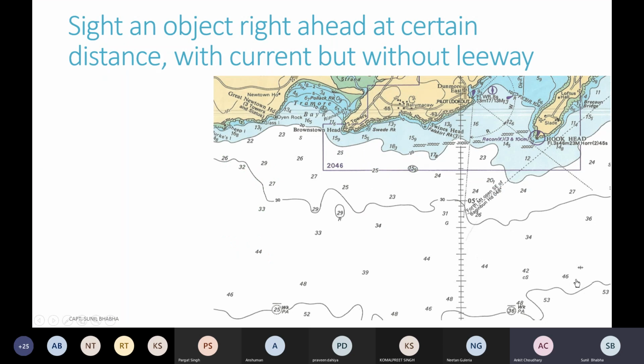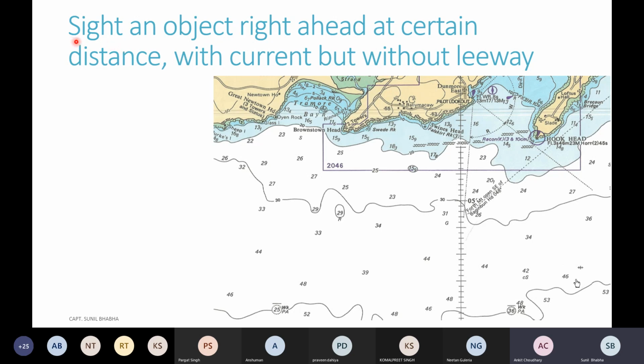So our next topic is to sight an object right ahead at a certain distance with current prevalent in the area but without any leeway. Let's see how we solve this type of question.